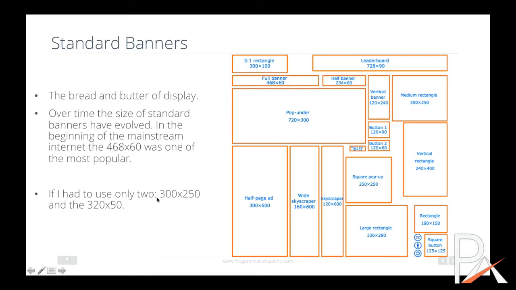However, we are now at a different era, and the most popular is the 300 by 250, at least in terms of available inventory and usage. And from my own reporting, it usually turns out to be the best performing as well. So if you had to pick one, I would pick the 300 by 250.